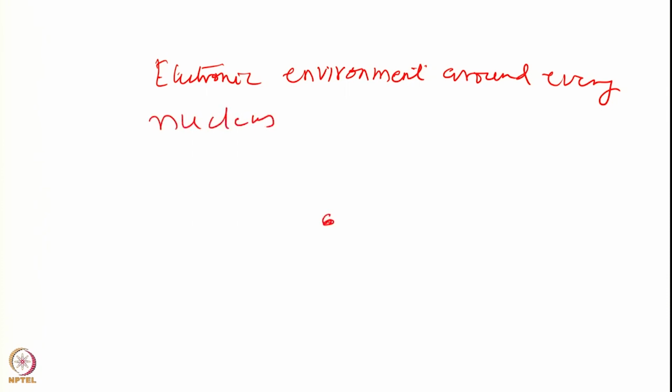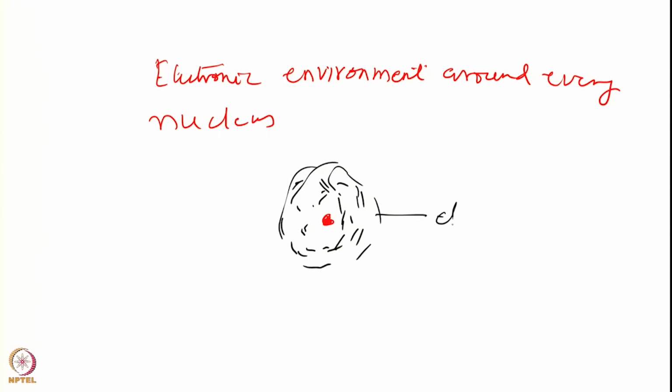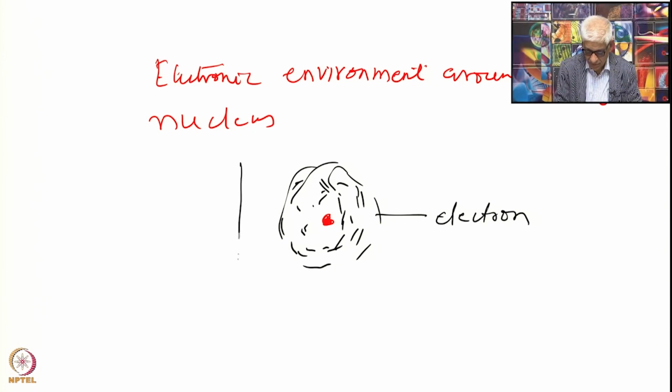Suppose I put the nucleus here, and put a lot of dots around it. This is the electron cloud around the nucleus.